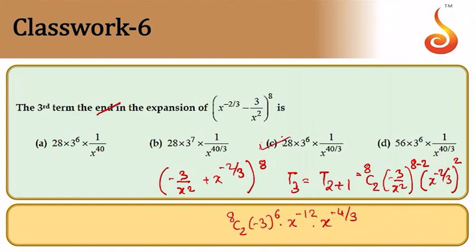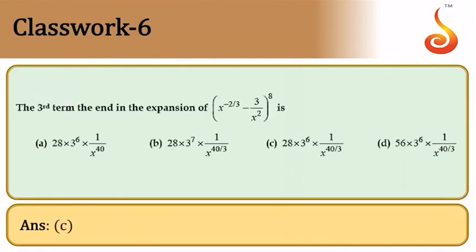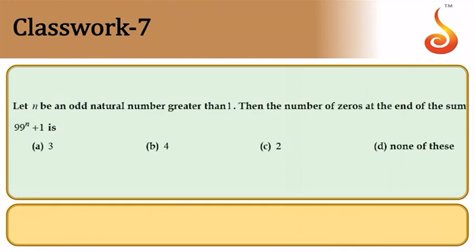You just have to evaluate 8c2 minus 3 to the power 6 and x to the power minus 12 and x to the power minus 4 by 3. So option C is correct.